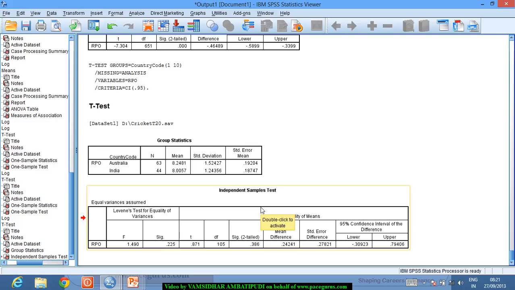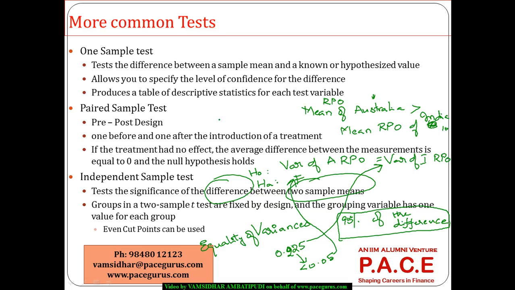Once I have the equal variances assumed panel, I'll typically check out the equality of the means. Now, what do I go with for equality of the means? Again, I'm looking at the significance level for the t-test. I got 0.386. And as I have already mentioned, this is compared with 0.05. If this is less than 0.05, I'll go with the alternate hypothesis saying there is a significant difference between the means of Australian and Indian RPO.